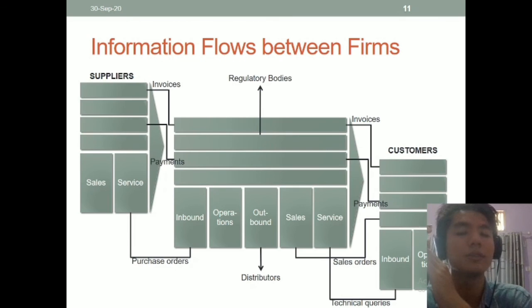And the next one is the last of my part. Information flows between firms, that is, between suppliers, regulatory bodies, and customers.